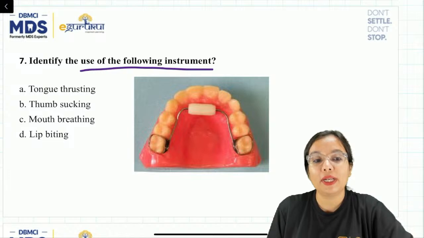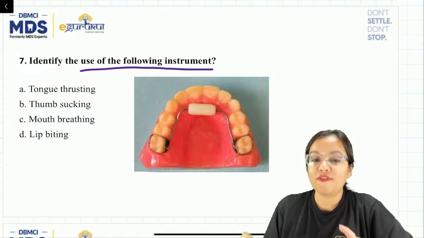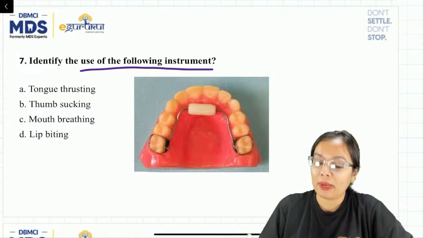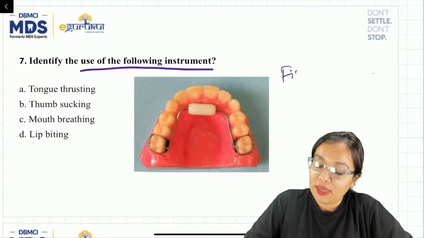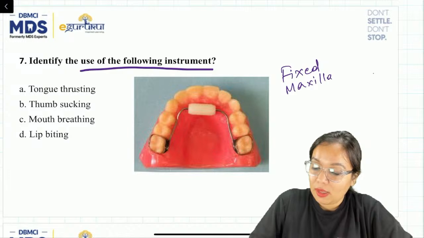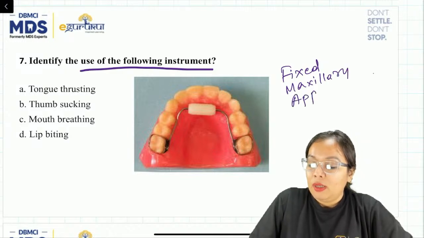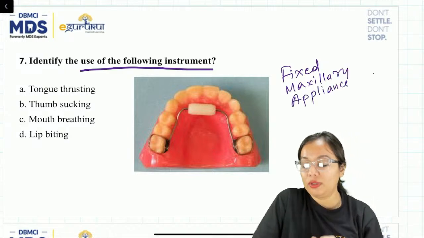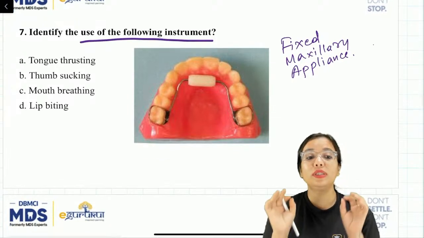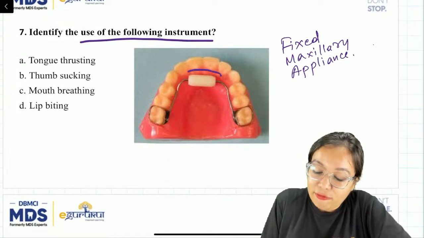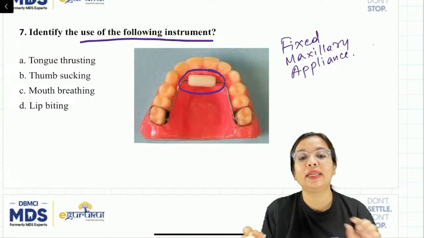So this appears to be a fixed appliance in the maxilla. This looks like a fixed maxillary appliance. This appliance has a Teflon roller present in the anterior region.